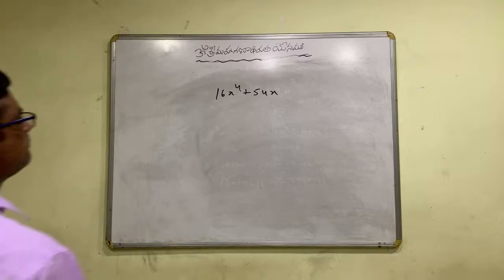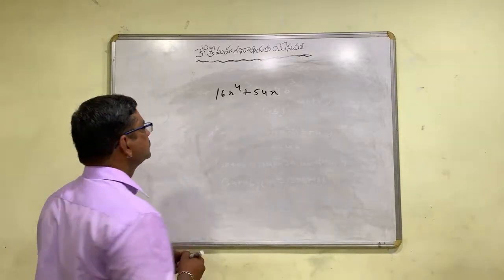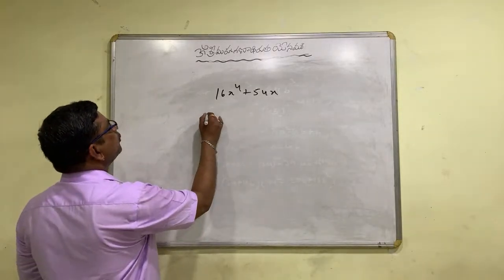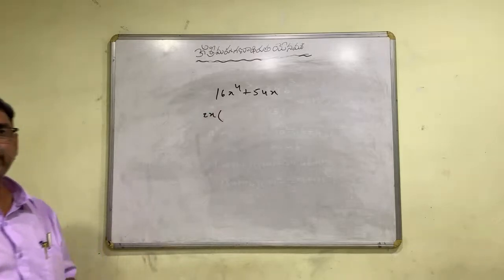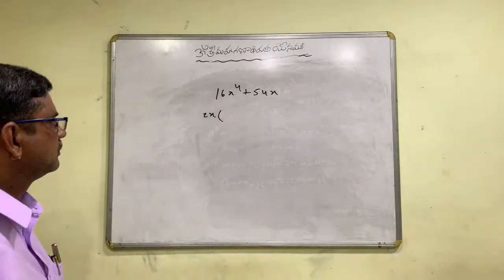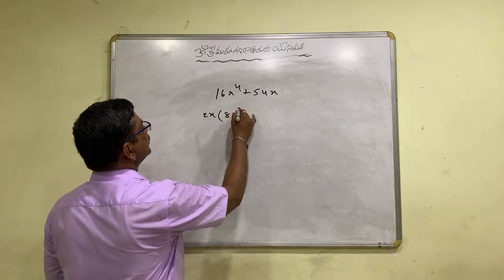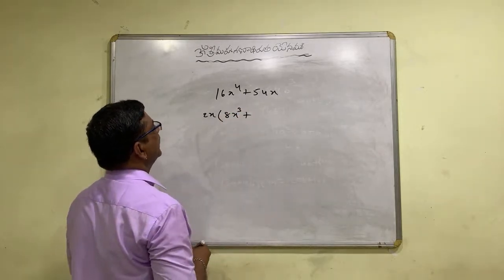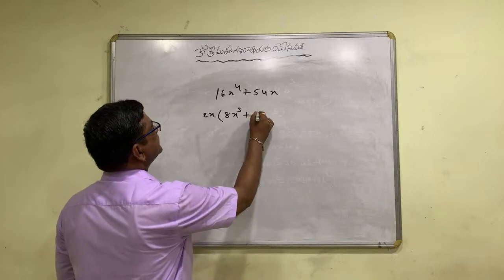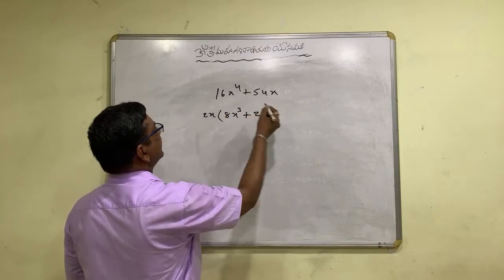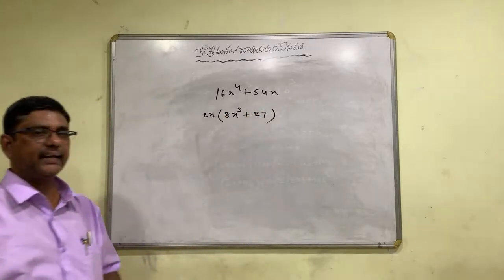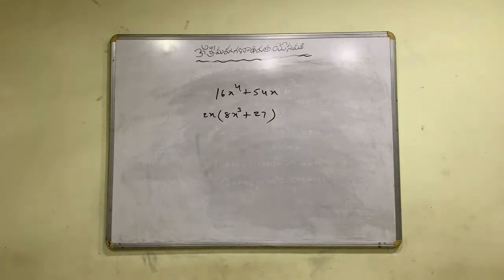So we can take 2x common. 2 goes 8 times in 16, so 8x cube remaining. And in 54, 27 times, because we have taken x, remaining is 8x cube plus 27.